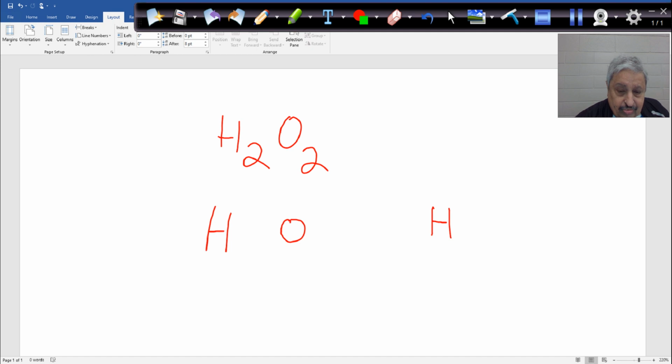The two oxygens, we are forced to put them like this. They have 6, so 2, 2, 2, 2, 1 here, 1 here. And hydrogen is 1, hydrogen is 1. So we have this single bond here, this single bond here, this single bond here.